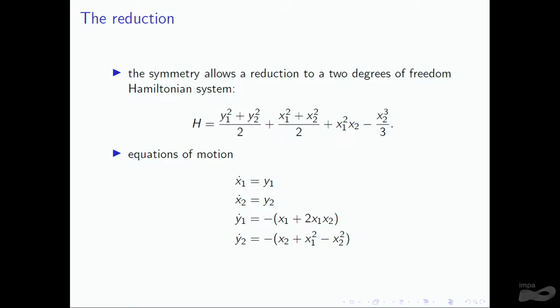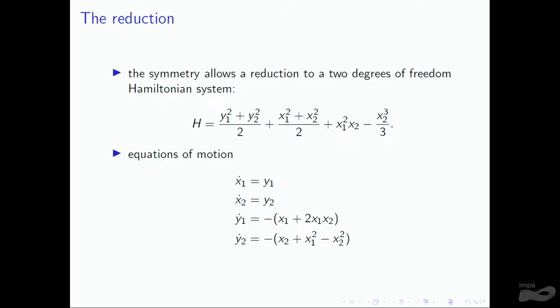So the system is the following. We have this Hamiltonian. Now it's a potential on a plane, and it's given by this very simple expression here: the kinetic part plus the potential part. The potential part is taken to be a polynomial of degree 3.